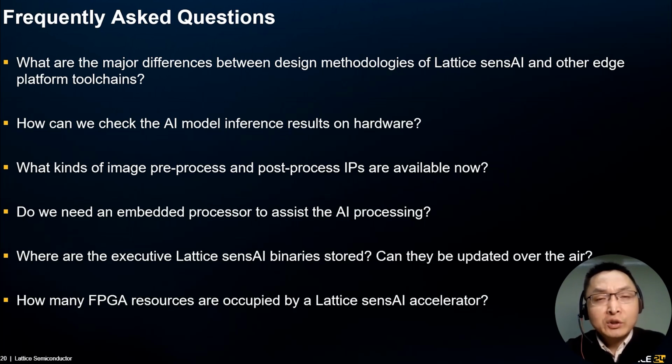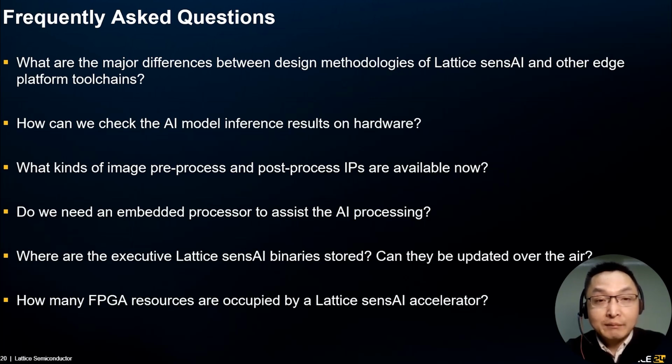They do not need to care about the details of the model inference on hardware. Similar to other edge platforms, the Lattice Sense AI toolchain also has some specific constraints for the model architecture. Users can easily find those constraints in the user guide.